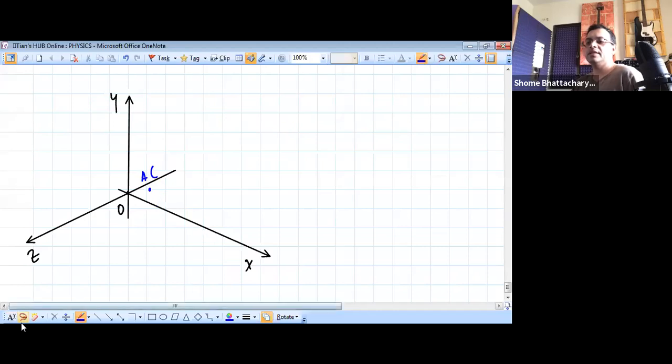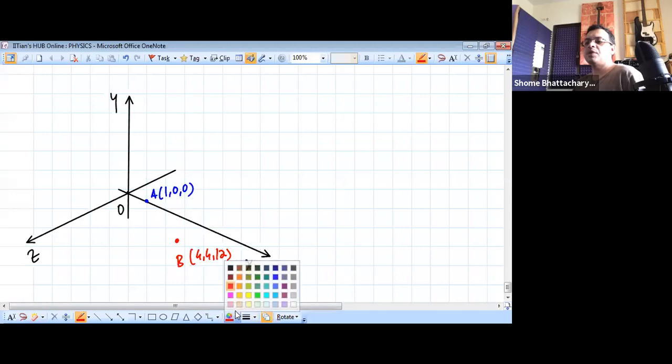So it's lying on the x-axis. The point A, the way it is given to us in the question, should lie on the x-axis. And the point B is not lying on any axis. It's somewhere altogether different, somewhere here, let's say. It has all three coordinates, 4, 4, 12. Try to imagine this in 3D.